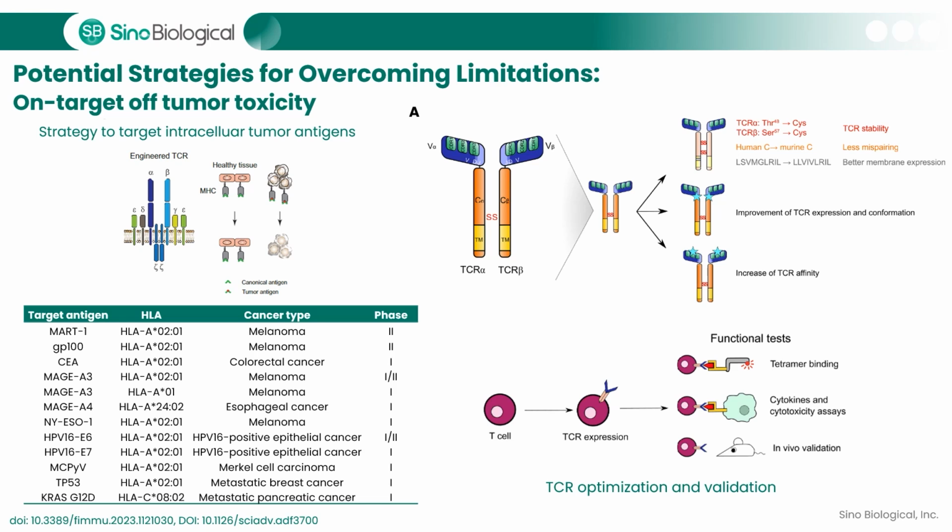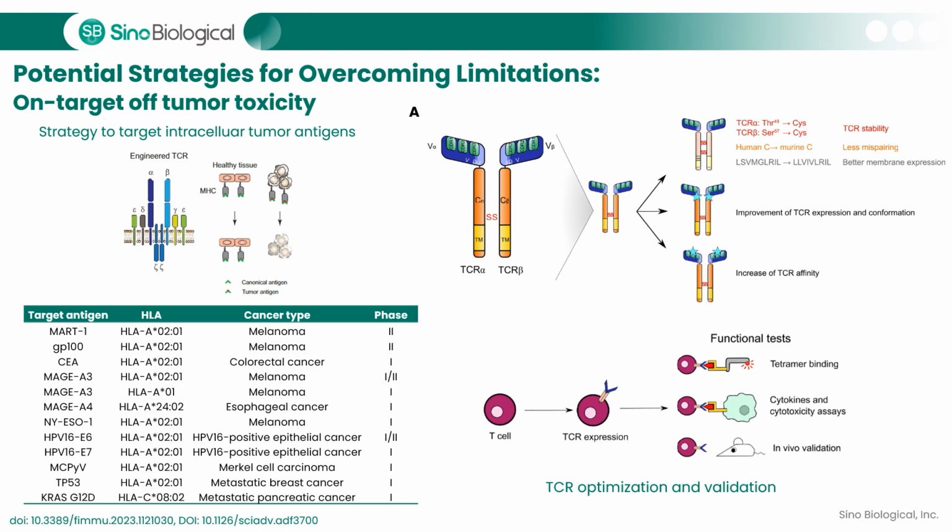T cells' cytotoxic activity depends on the TCR affinity. Different methods have been developed to optimize the TCR affinity. TCR optimization can be performed by modifying the constant region of both TCR alpha and beta chains to prevent mispairing and even enhance the TCR expression and stability.